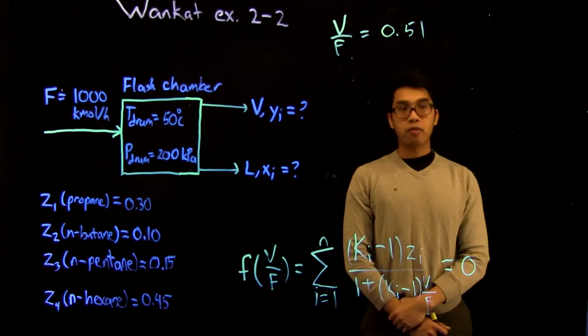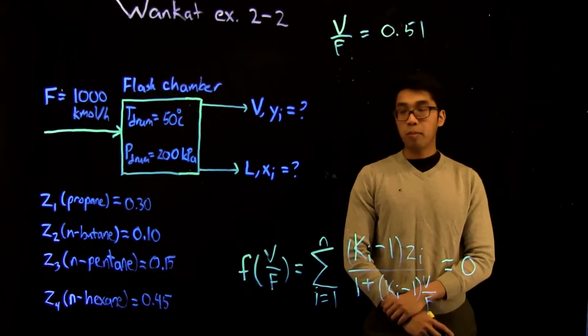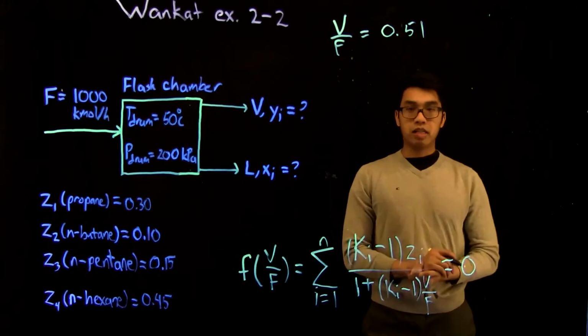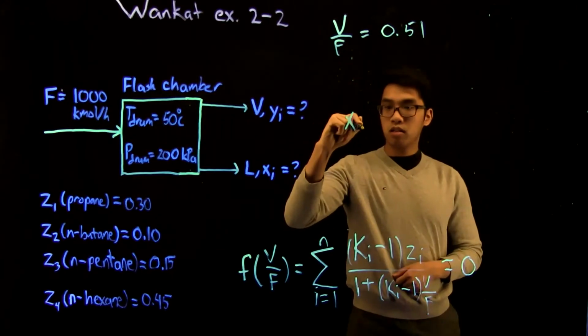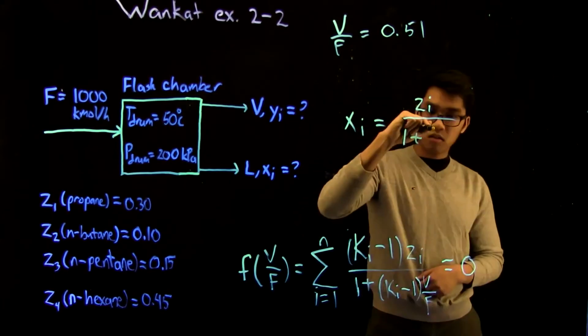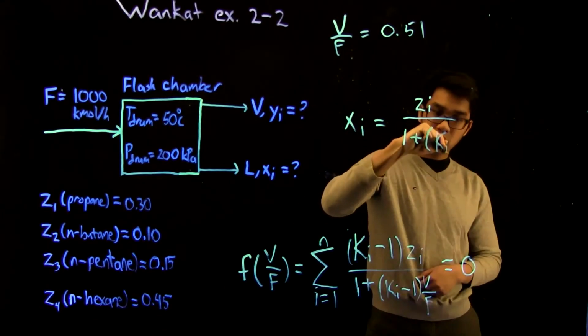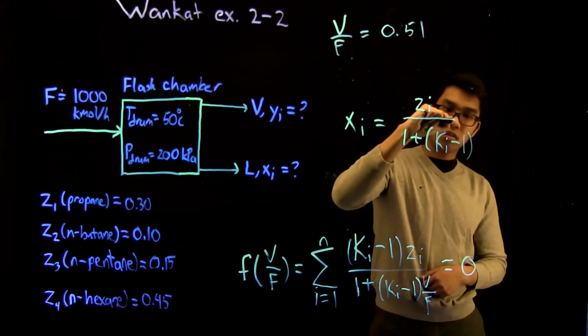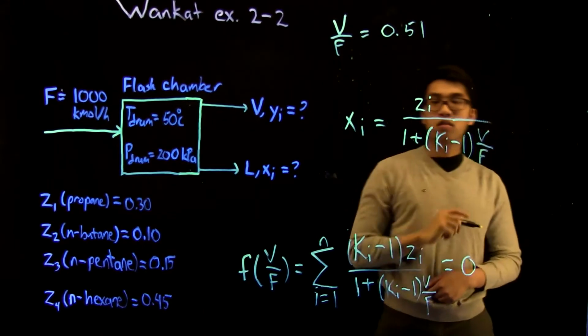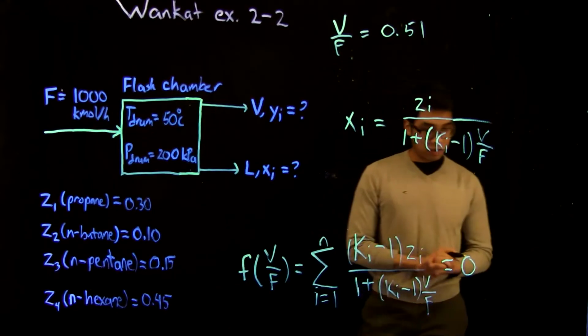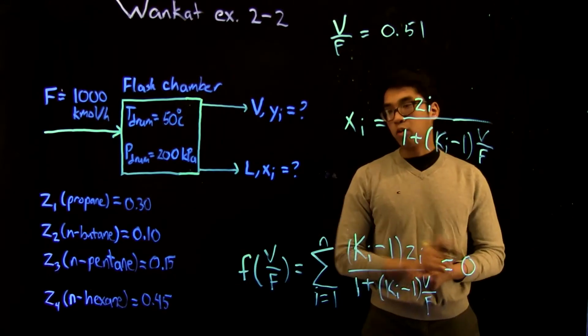Now that we have the V/F ratio, we can calculate the compositions. The liquid compositions can be calculated using this equation. As an example, let's do liquid composition for propane.